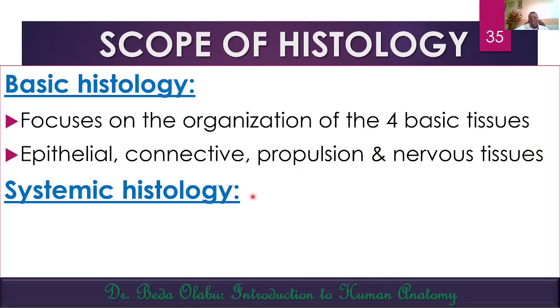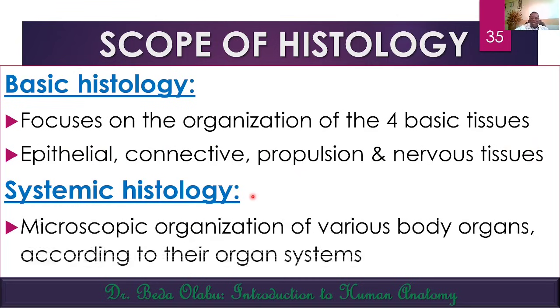Then there's what we call systemic histology. Systemic histology is when you look at the microscopic organization of the various organs in the body, but not randomly. You look at them according to their organ systems. For example, you can say today we are going to look at the microscopic organization of the organs of the digestive system.